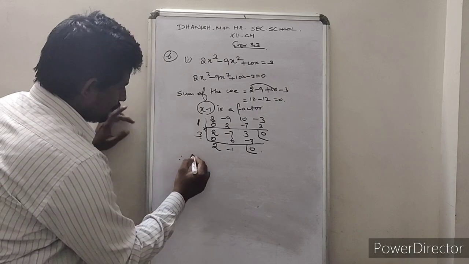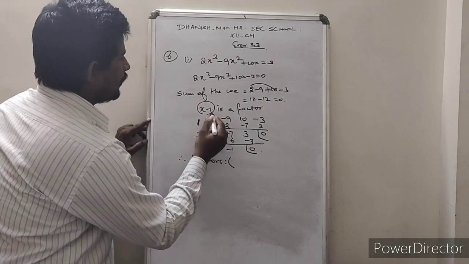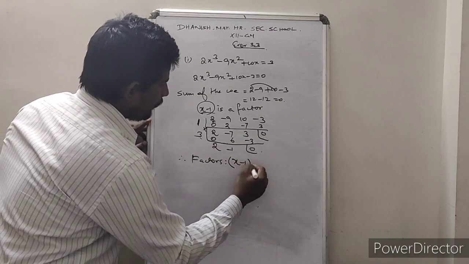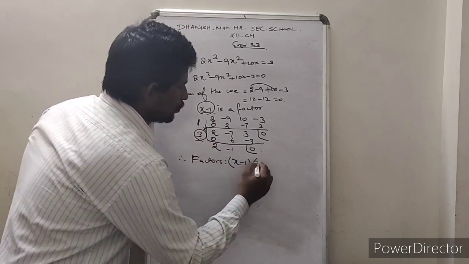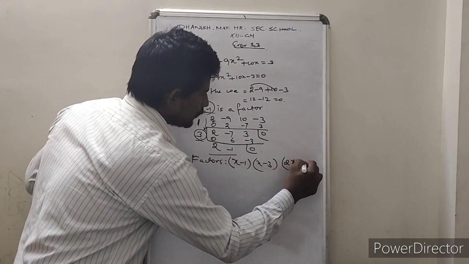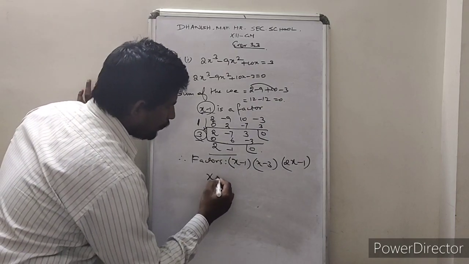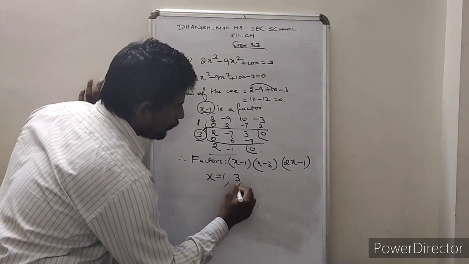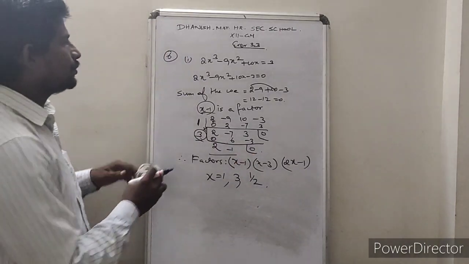So therefore the factors are x minus 1, x minus 3, then from this we can write 2x minus 1. If you equate this with 0, you will get the values of x: 1, 3, 1 by 2. We got our required 3 values.